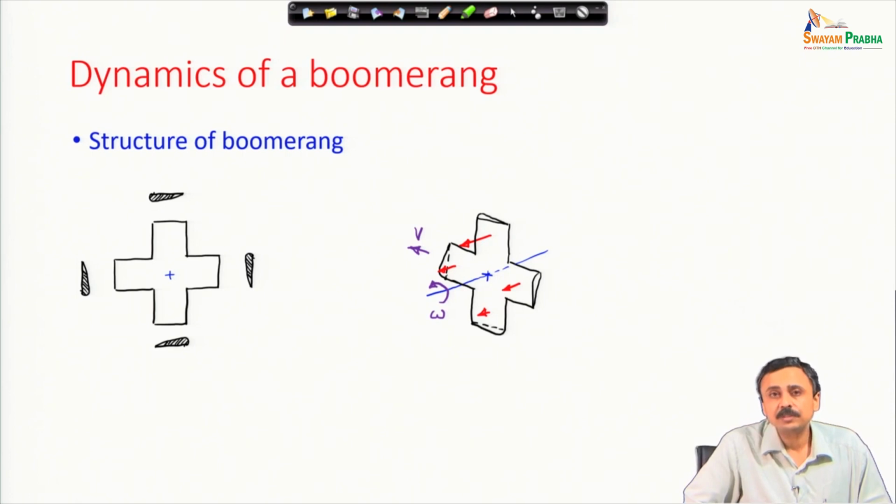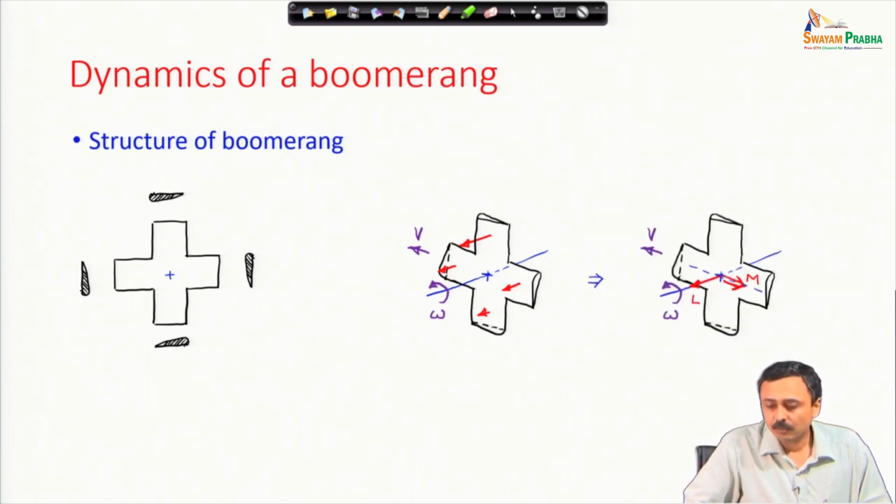Now, what happens because of this? There is an overall lift, and in addition there is a moment, as I have shown you. This is the equivalent force at the center of mass of the boomerang. We have the total lift, which is the sum of these four lift forces, and there is a moment because of the moment arm, and different arms generating different lifts.